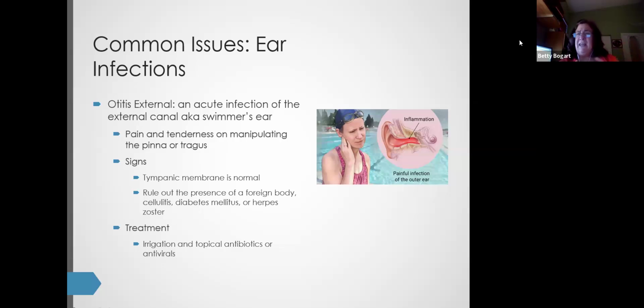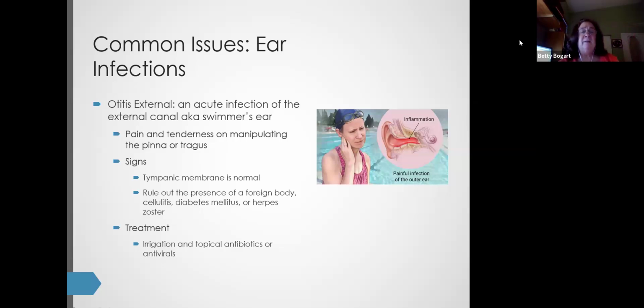So make sure there's nothing in there. Remember, there can be an inflammation, a cellulitis, or even with diabetes, and actually herpes can be in the ear, there's a nerve there. So making sure we look for that. What's the treatment? Well, otitis externa is just eardrops. And of course, something for pain. Mild to moderate pain is always acetaminophen, and it works really well in children.